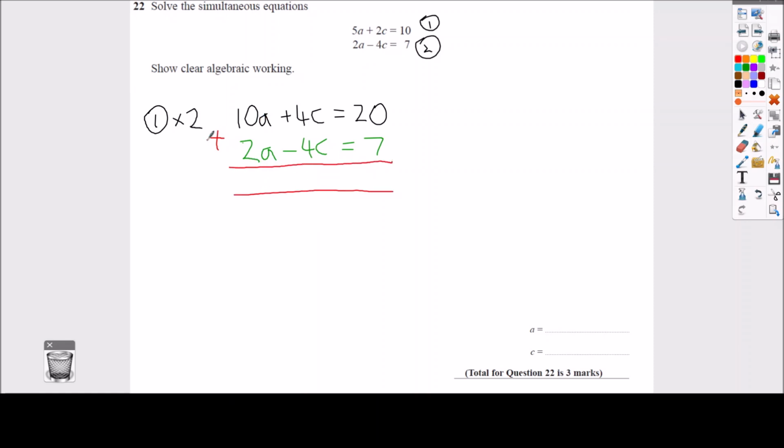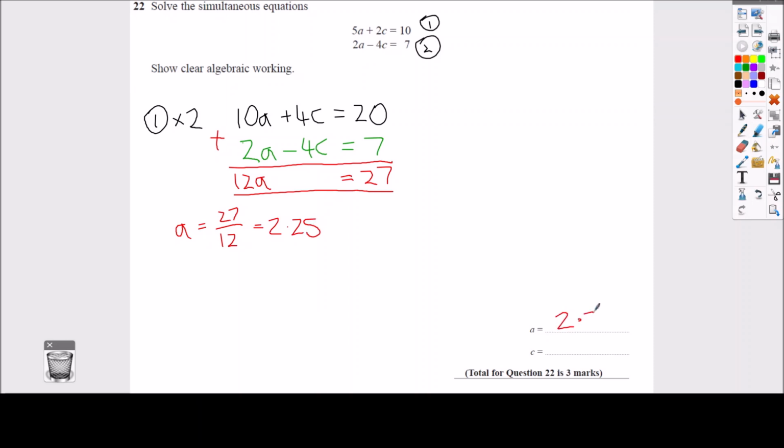Because 10A plus 2A is 12A. 4C added together with minus 4C is 4C take away 4C, which is nothing, which is what we want. 20 add 7 is 27. So 12A equals 27. So A equals 27 divided by 12. Just pop that into your calculator. 27 divided by 12, we get 2.25. So A is 2.25.